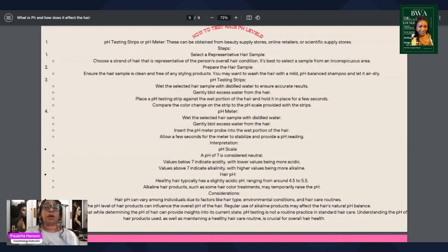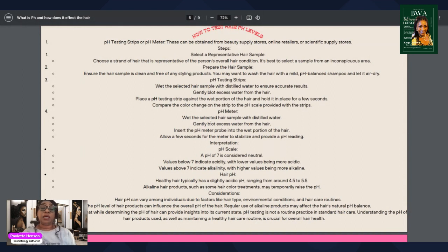Then take your testing strip, wet the selected sample you've chosen to test, and place the testing strip against the wet portion of the hair. It's going to tell you the pH level of that hair.